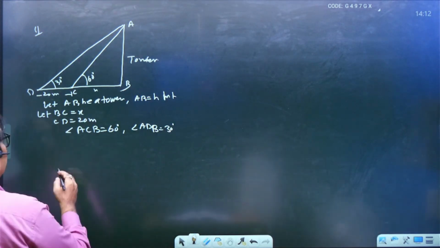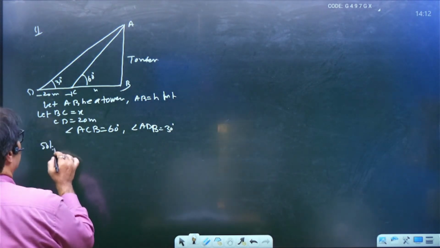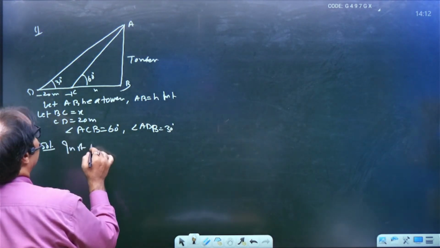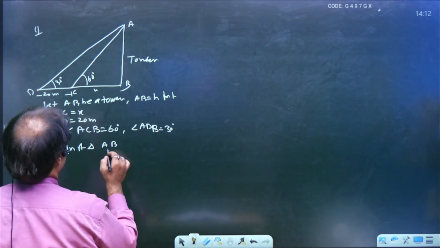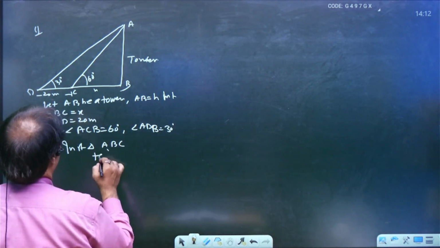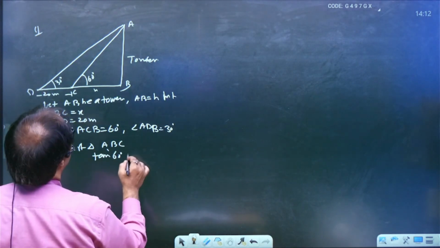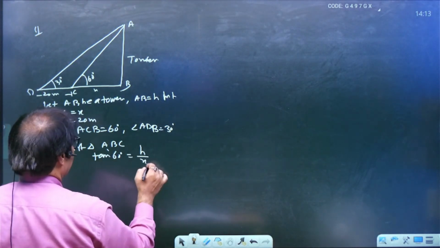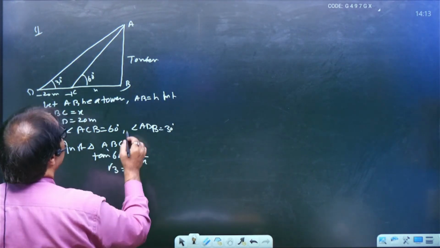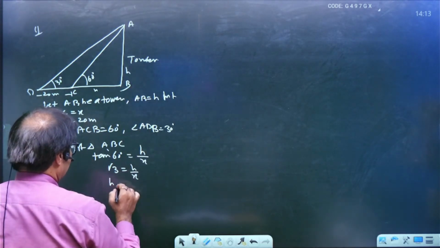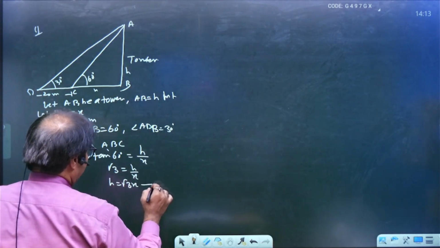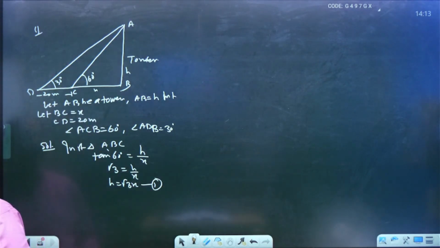So come to the solution. In right triangle ABC, tan 60 degrees is equal to h upon x. So root 3 is equal to h by x. So h is equal to root 3 x, and put it as result number 1.